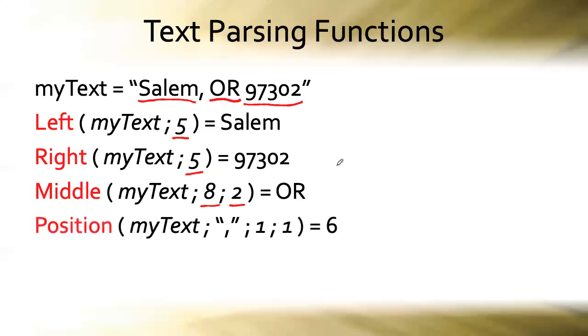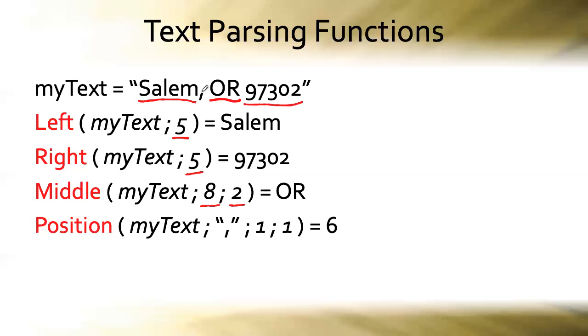The position function becomes useful in situations like this, because what if you have a whole bunch of hometowns to process and the city names are all of differing lengths? Well, if there's a comma after the city name, you can use the position function, or if there's any character that's reliably after the city name. Spaces wouldn't really be appropriate, because some city names have spaces in them, like Long Beach or Corona del Mar.